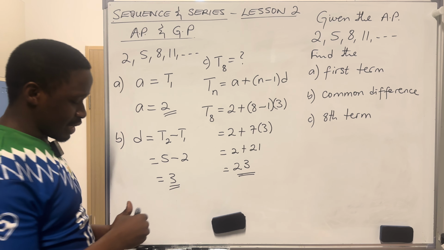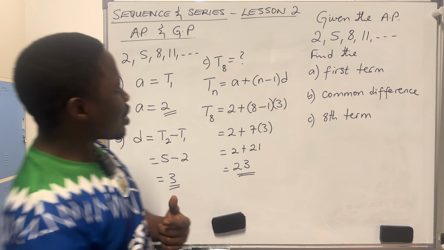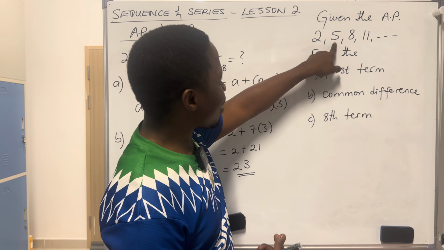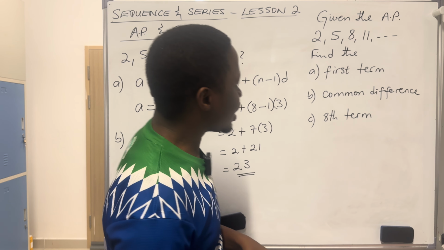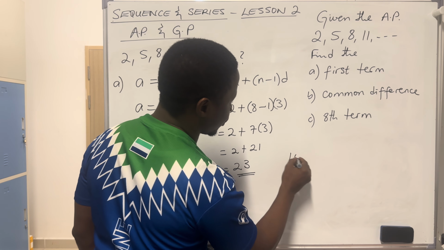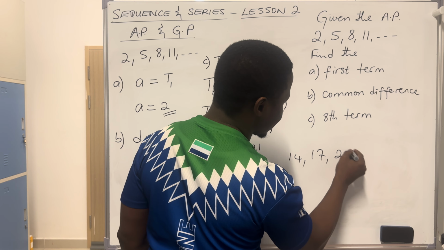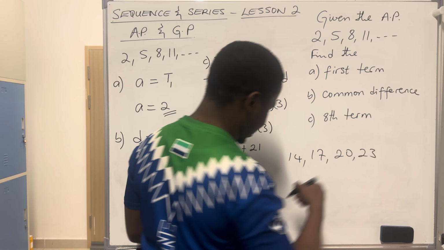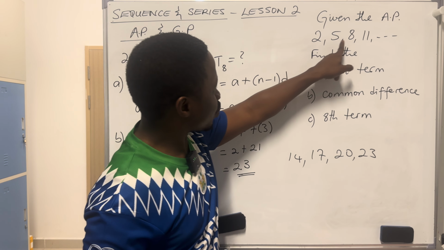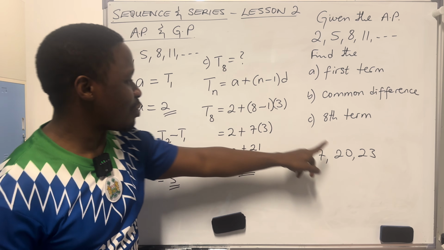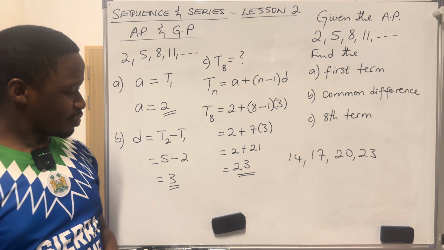So this is the 8th term. What does that mean? Now that we know the common difference is 3: 2 plus 3 is 5, plus 3 is 8, plus 3 is 11, plus 3 is 14, plus 3 is 17, plus 3 is 20, plus 3 is 23. Now let's count: 1, 2, 3, 4, 5, 6, 7, 8. So the 8th term is actually 23.